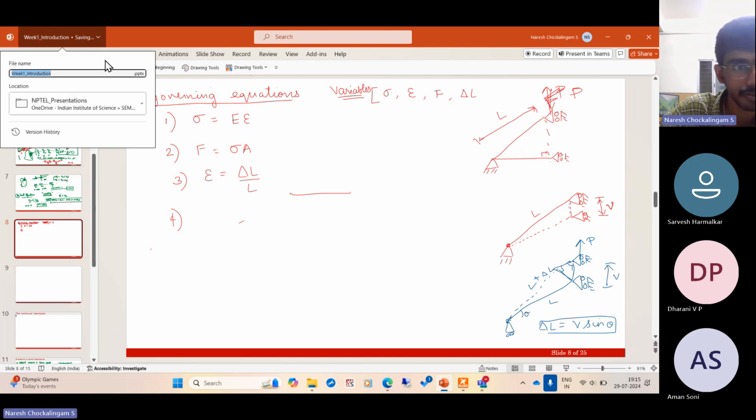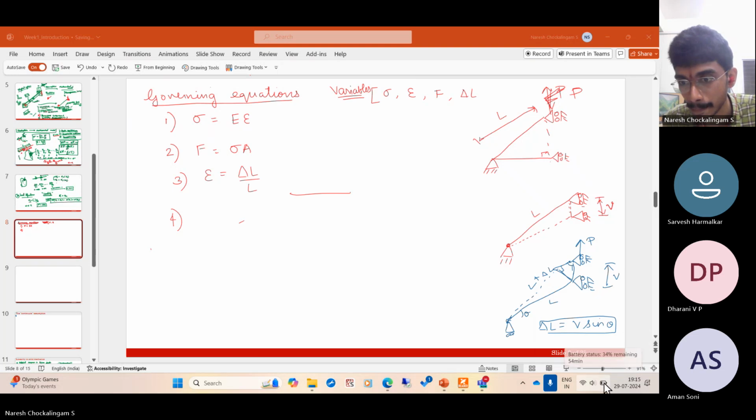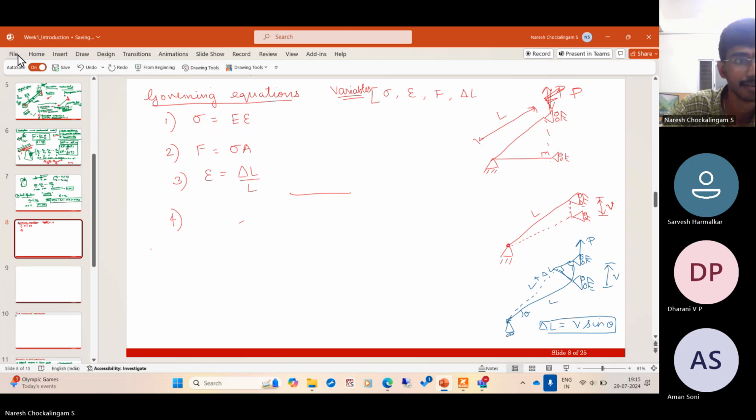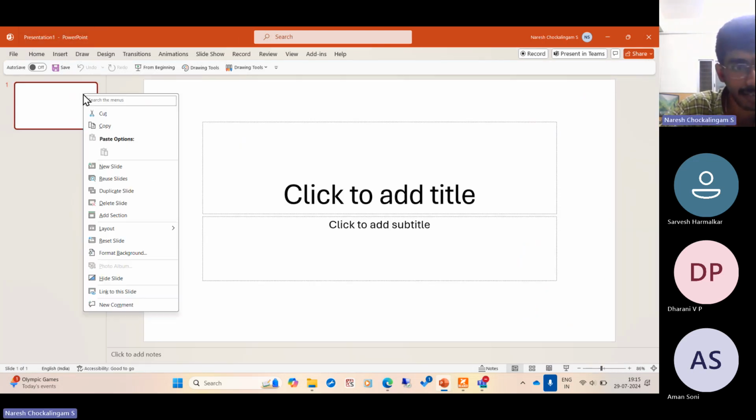Why does it still show saving? Yeah, it's better we start in a different one.